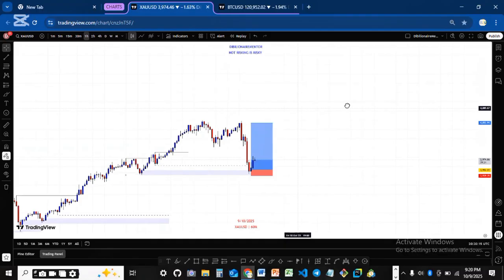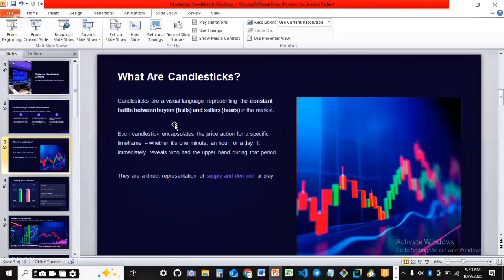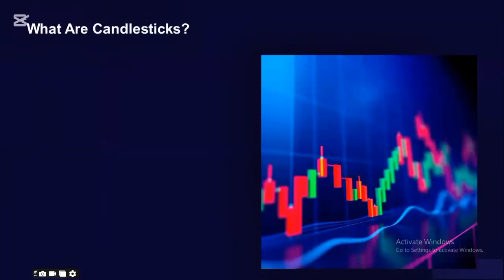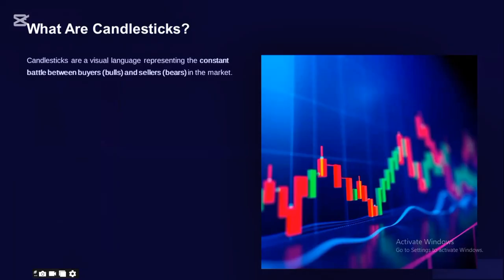These things are called candlesticks, and I want to believe you guys are familiar with them, because I sent some materials to a few persons that chatted me up. So I believe you should have studied ahead of the class. Those blue things are candlesticks, just like you can see here. Candlesticks are a visual language representing the constant battle between buyers and sellers.